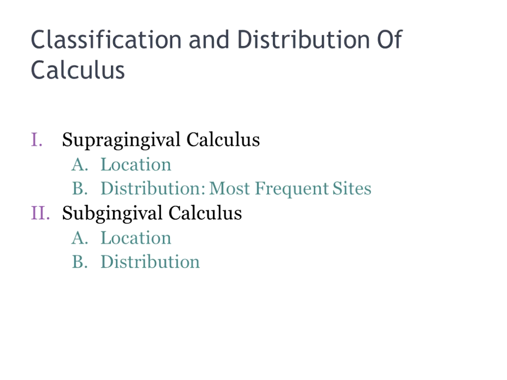The calculus typically will form at the CEJ as recession and pocket formation continue. The color of subgingival calculus comes from exposure to blood and blood breakdown products.